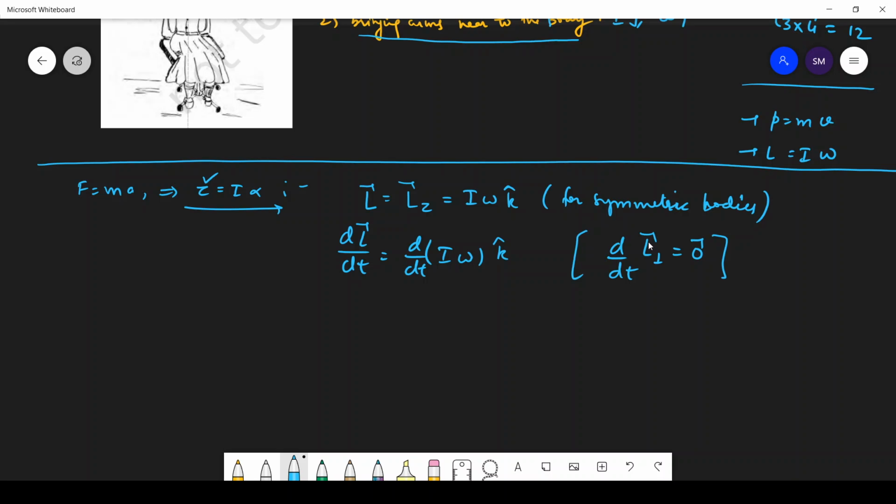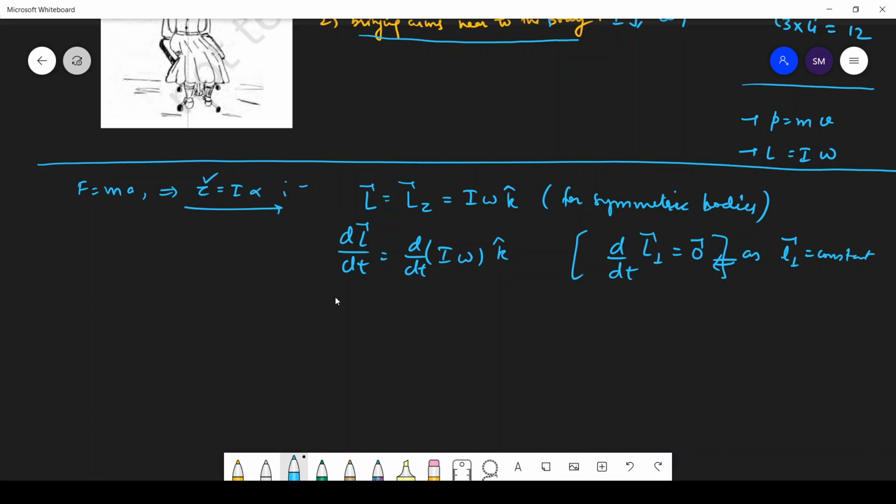If L perpendicular is constant, if this vector is constant, this will be 0, and we are left with only the z component.